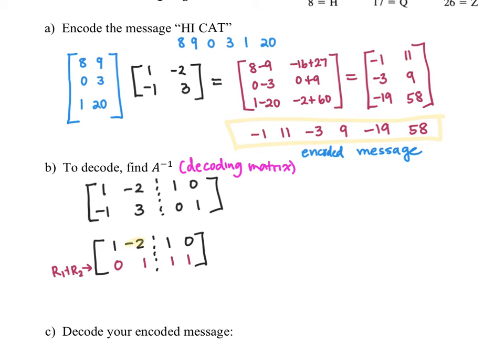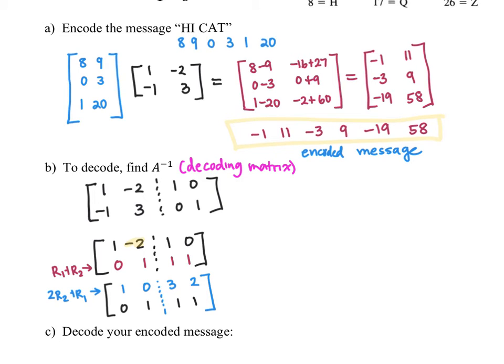Let me get a 0 here. Let me check. I already have ones along the diagonal, which is perfect.